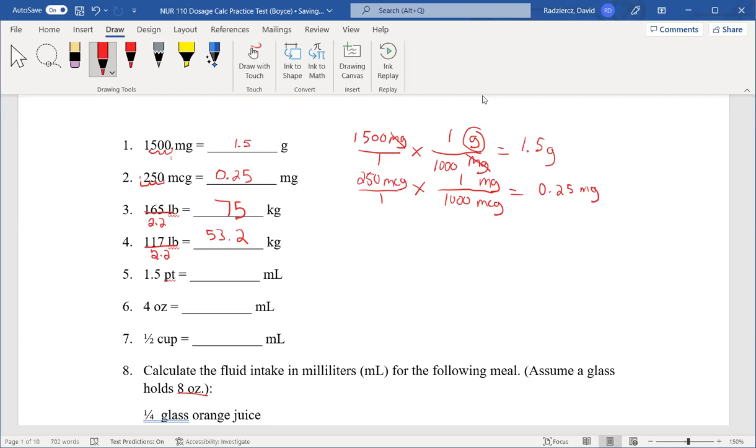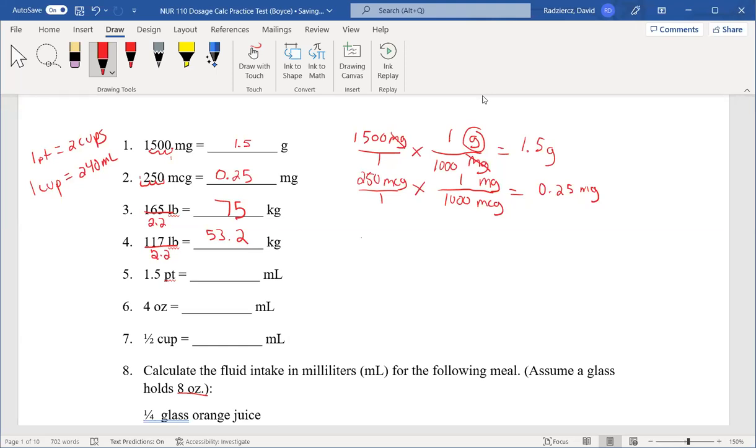Pints, we need to know that 1 pint is equal to 2 cups, and 1 cup is equal to 240 milliliters. And so you could say that 1 pint would then be equal to 2 cups, which is 480 milliliters. But if it says 1.5 pints, we can convert pints to cups, or if we recall that, as I just said, 1 pint is 480 milliliters, then we can just go ahead and use that as our conversion factor.